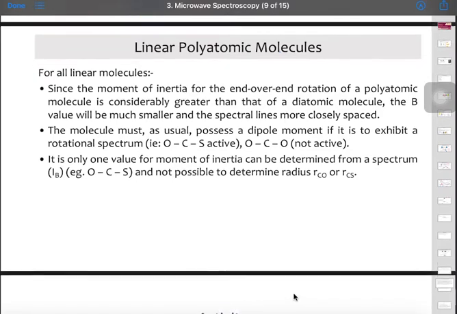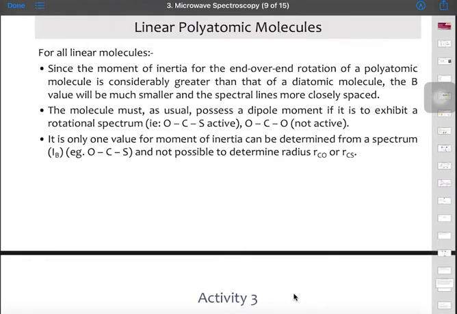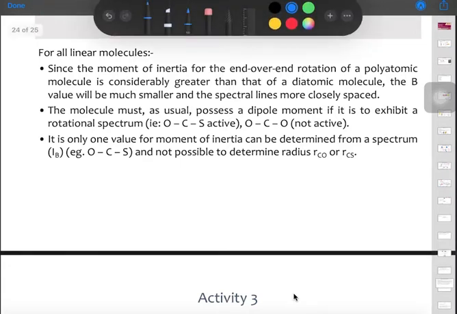For all linear molecules, the moment of inertia for the end-over-end rotation of a polyatomic molecule is considerably greater than that of a diatomic molecule, so the B value will be much smaller and the spectral lines more closely spaced. Remember, for a diatomic molecule the inertia is given by IA plus IB.